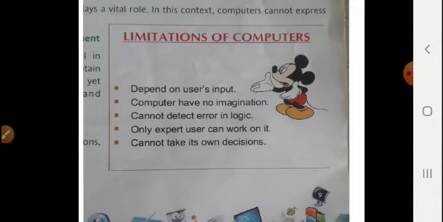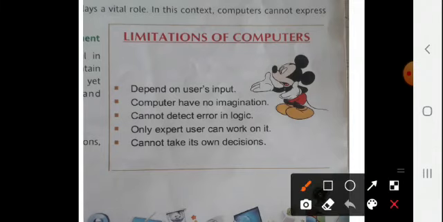They cannot detect errors in logic because they can't think on their own. Only expert users can work on it, the person who knows very well how to use the computer. This we have already discussed: computers cannot think on their own, so they cannot take their own decisions.